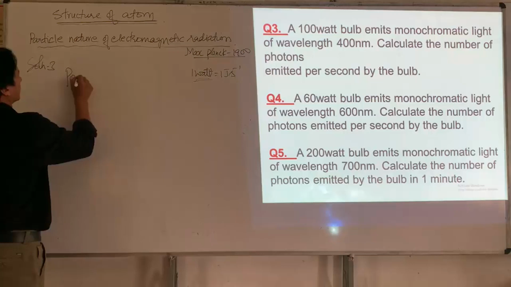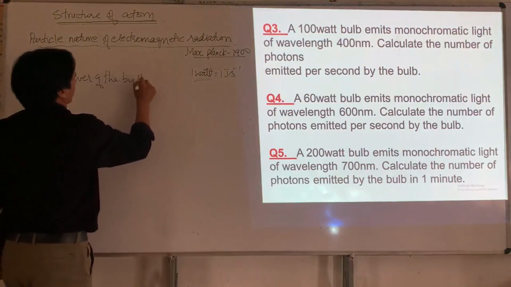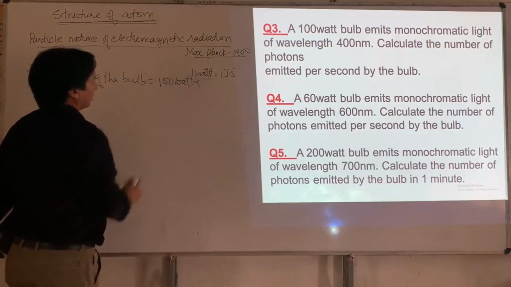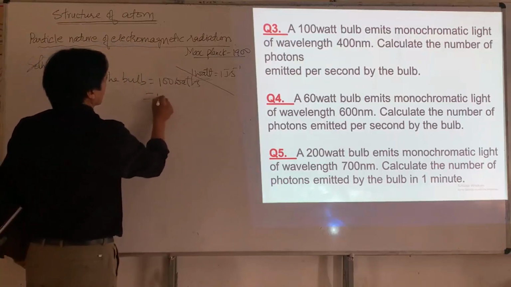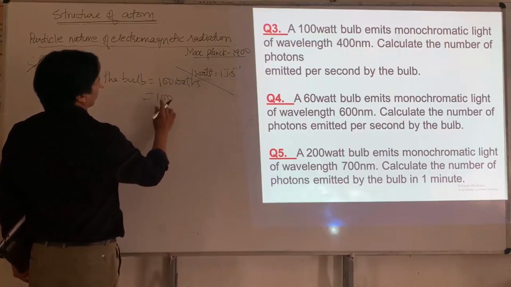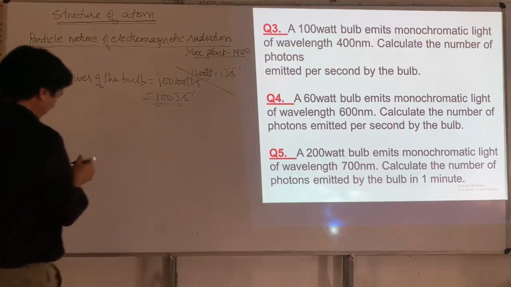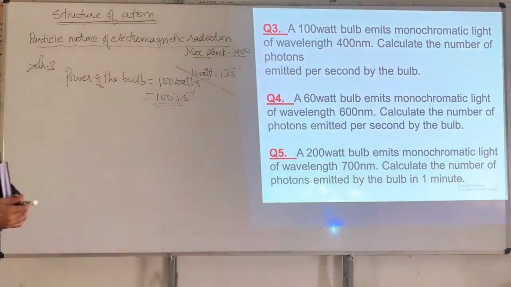So here it's actually the power of the bulb. The power of the bulb is 100 watts, right? If 1 watt is 1 joule per second, then 100 watts is 100 joules per second. So 100 joules of energy is given out by this bulb in 1 second, right?